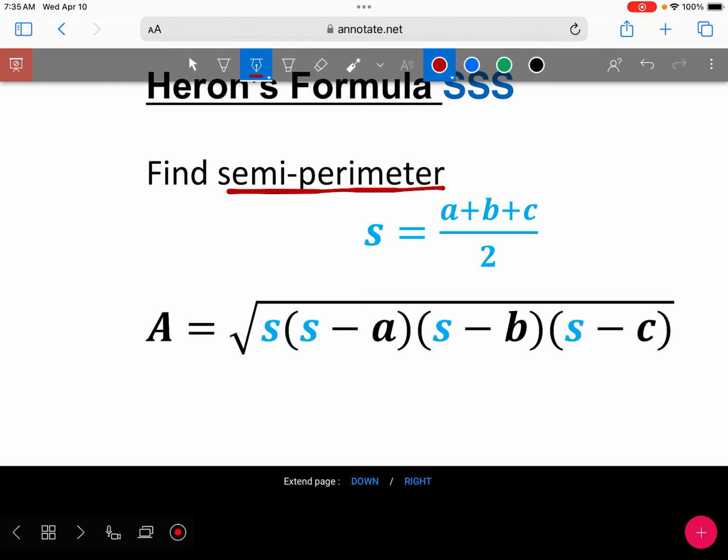So S is going to equal A plus B plus C divided by 2. And then this is your formula. I'll give you a minute to copy that down. Then we will start working through these questions together today, and we'll probably finish it tomorrow.